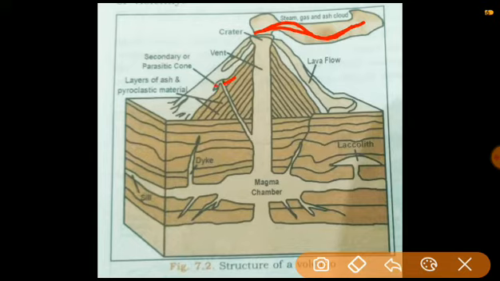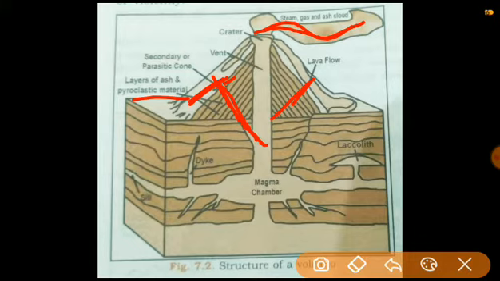Here there is a layer of ash and pyroclastic material, and a secondary or parasitic cone. Sometimes the lava also comes out through different fissures.